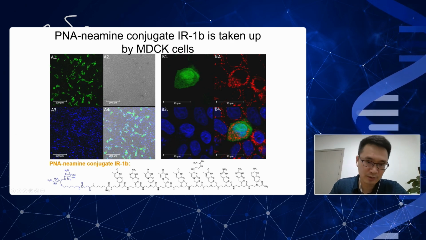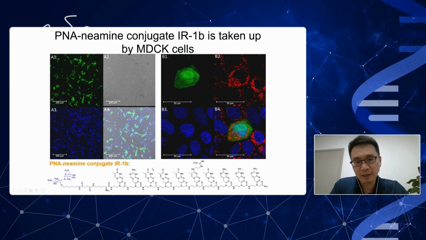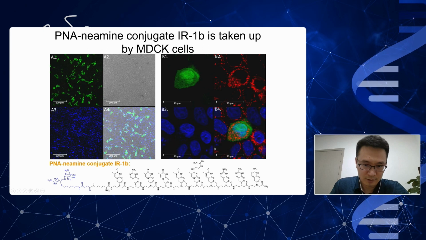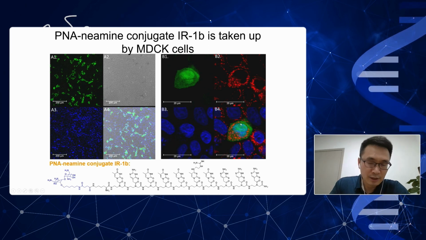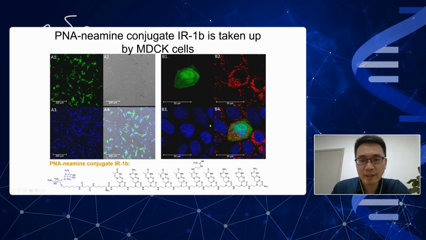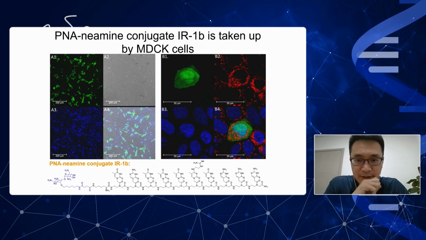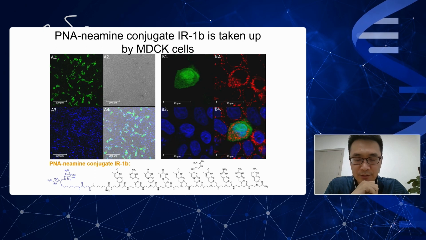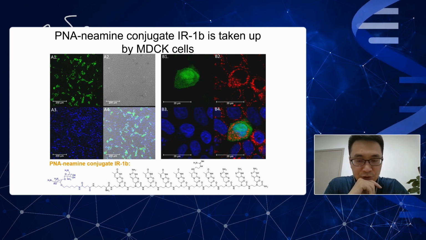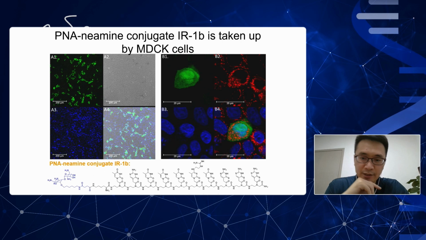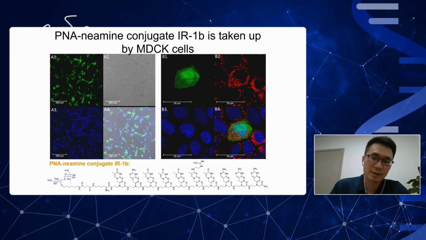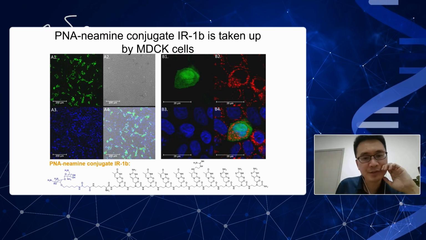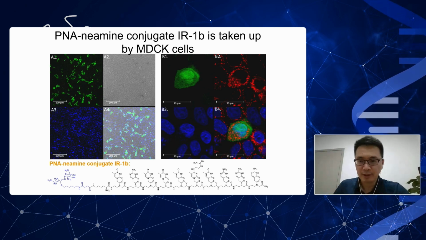And indeed it works. When we conjugate the neomycin and attach fluorescein to the PNA molecule, we can see that the green-labeled PNA is inside the cell. It's homogeneously distributed inside the nucleus, and also inside the cytoplasm. That's very important because influenza virus replication happens inside the nucleus.